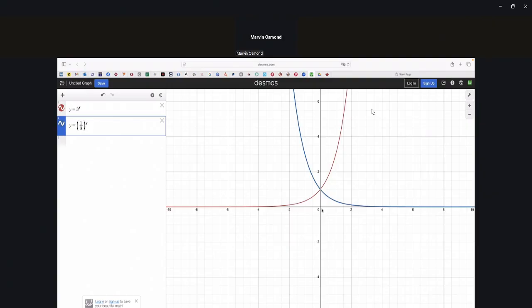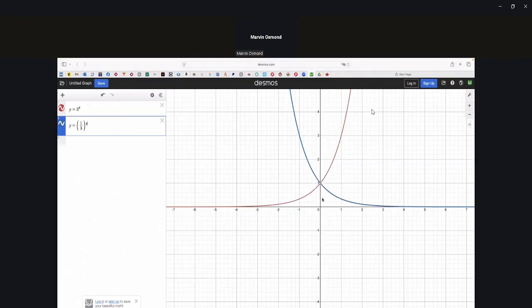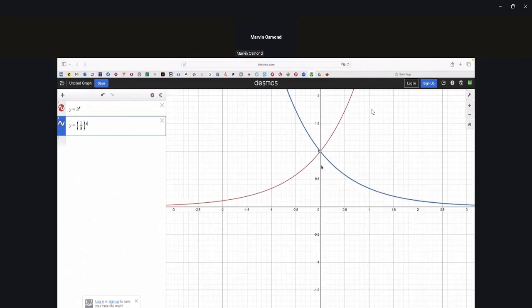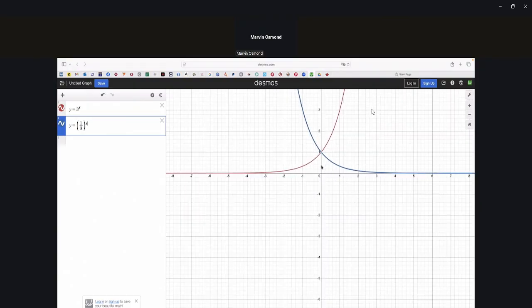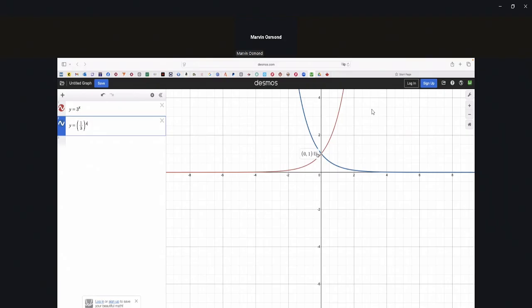Just like the values in the table of values, the graphs both go through the point 0, 1. We call that the y-intercept. If the base is a whole number, it goes up to the right. If it's a fraction less than 1, it goes down to the right.